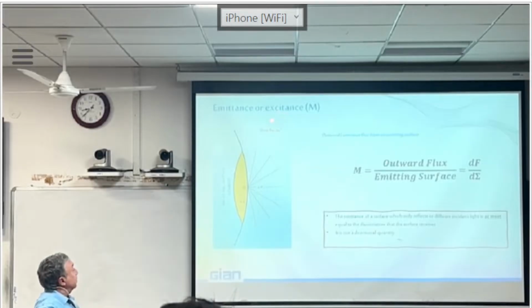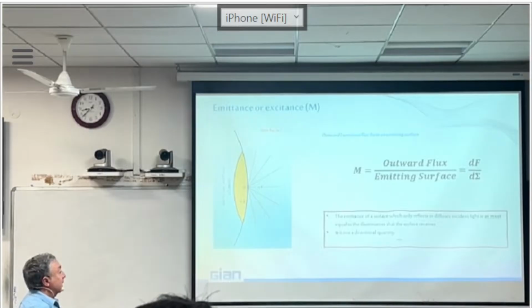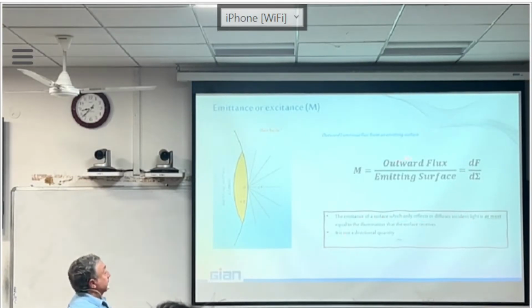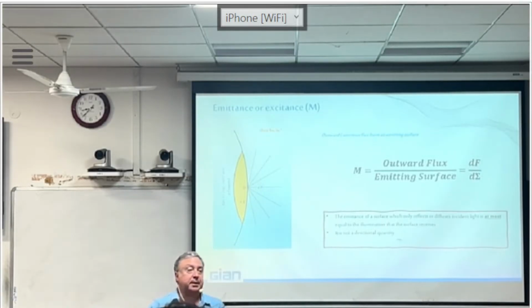The excitance or emittance is the outward flux per unit of emitting surface. This emittance M is at most equal to the illuminance of the receiving surface.